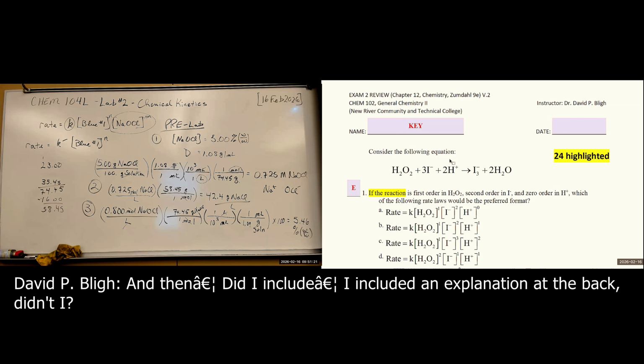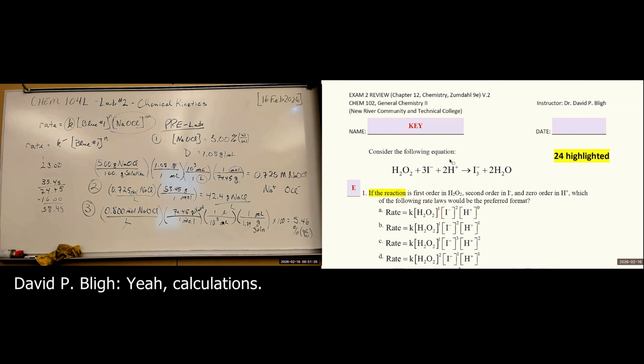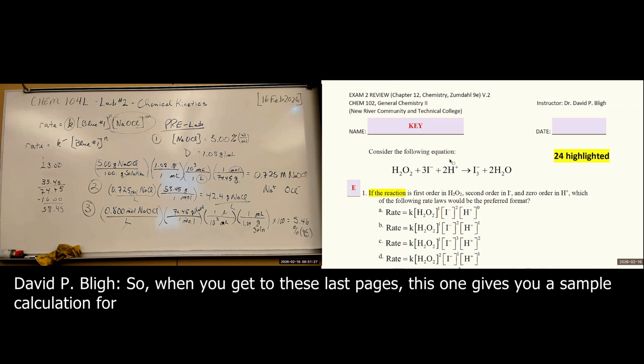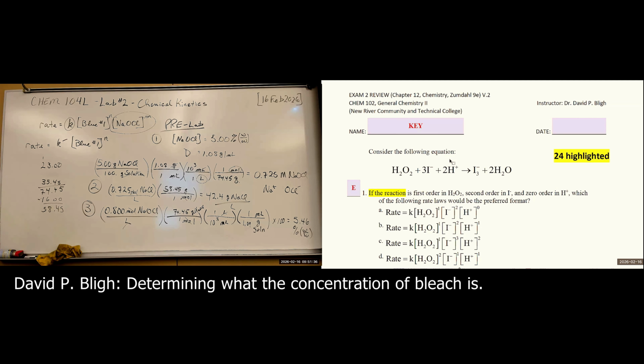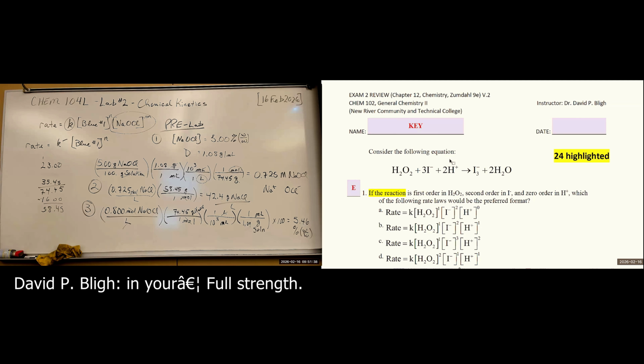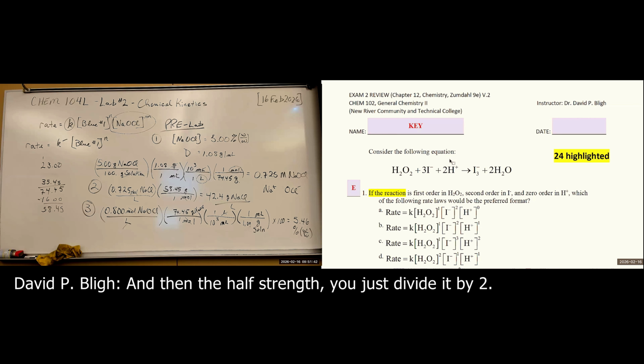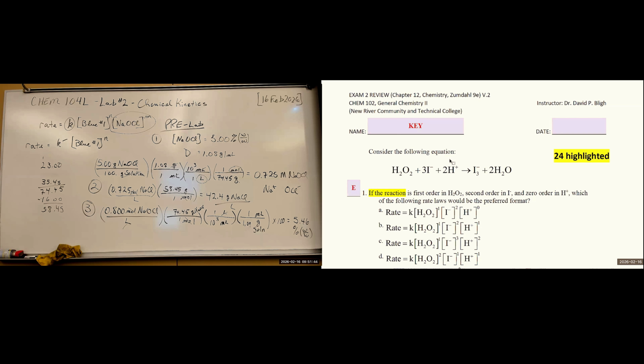And then I included an explanation at the back, didn't I? Yeah, calculations. So when you get to these last pages, this one gives you a sample calculation for determining what the concentration of bleach is in your full strength. And then the half strength, you just divide it by 2.